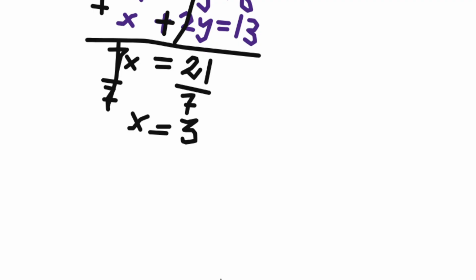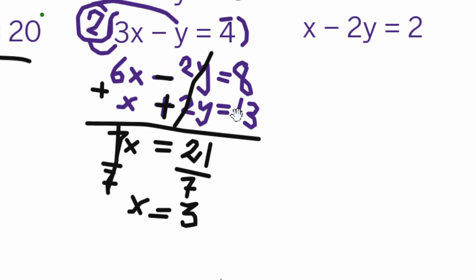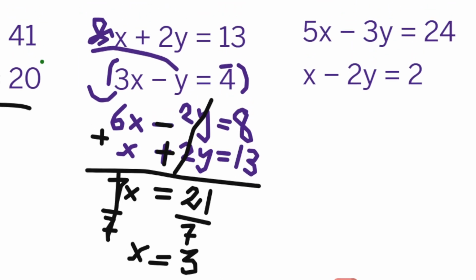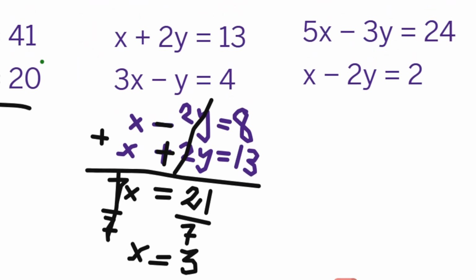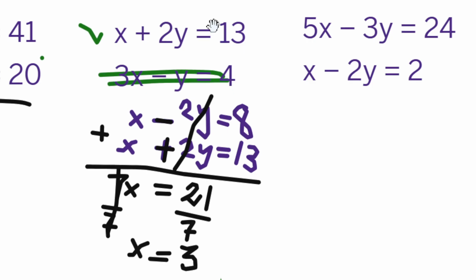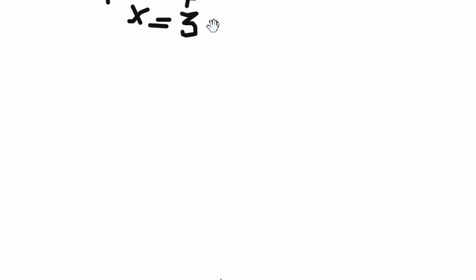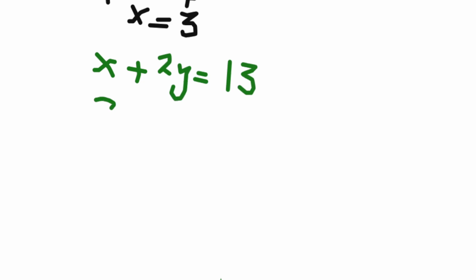Now to find y, we just substitute back the value of x. As I've said, always try to avoid the negative signs. So for this equation here, just leave it. Don't use it. Use this one here. Substitute into x plus 2y equals 13. What's the value of x? 3.